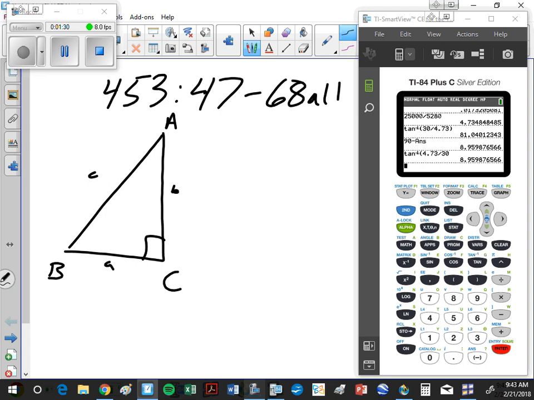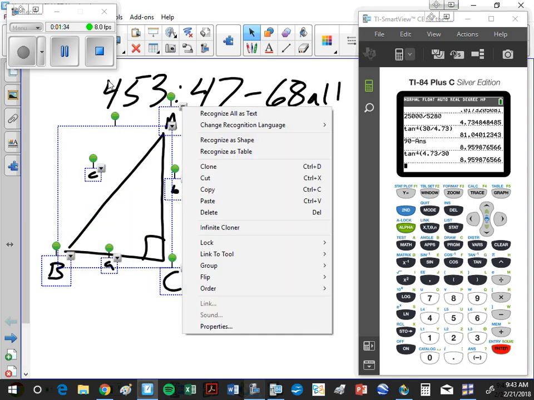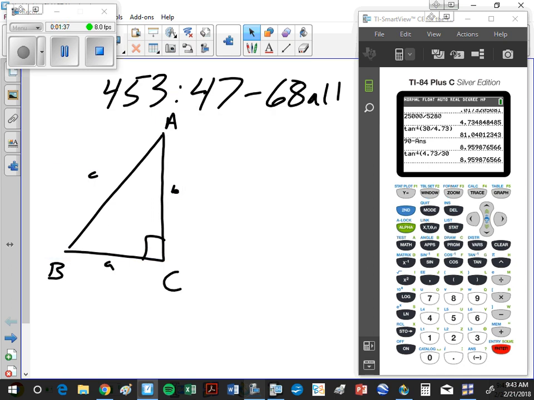Capital A is 55 degrees. So this angle is 55, and little c is 22. And it wants to know what is the size of little b.